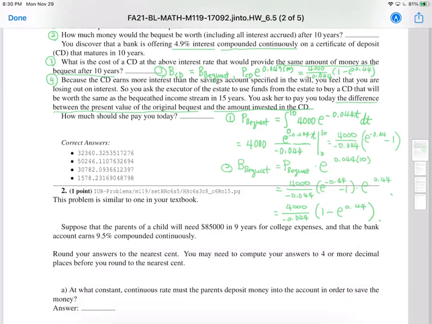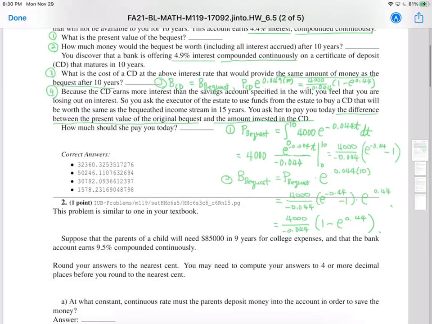Because the CD is more profitable, we can assume that the present value of the CD is smaller. So the difference is the absolute value of P bequest minus P_CD. Okay, take the absolute value. Okay.